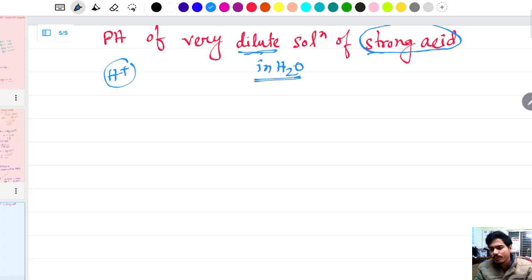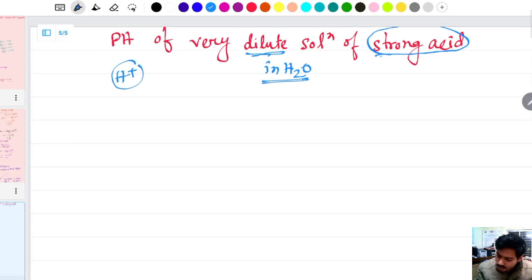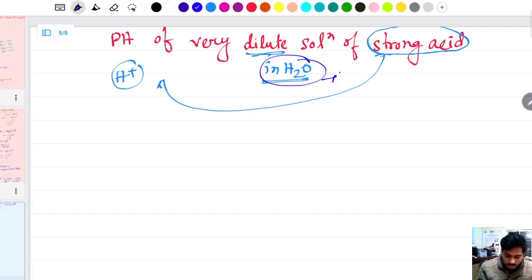So two types of H plus ion will be there. One will be from the strong acid and another will be from the water, like 10 to the power minus 7 molar. So we are diluting million fold or more.